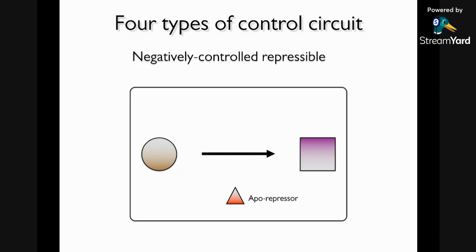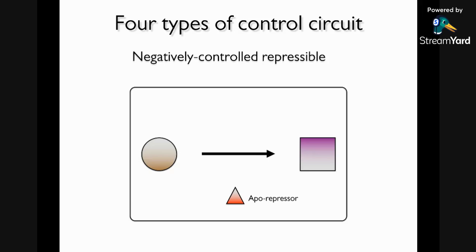So all it means is there's a repressor still. It's just not constitutively active. It's not able to function by itself. So the default position for this particular circuit is that we are making product in the first place, as opposed to the negatively controlled inducible circuit we've just seen, where the initial state is, of course, that the repressor is repressing the circuit and the synthesis of the product is turned off.